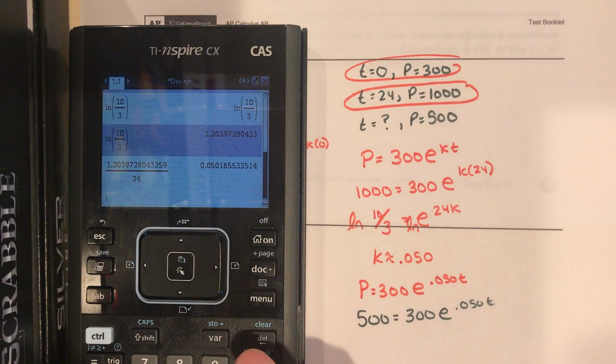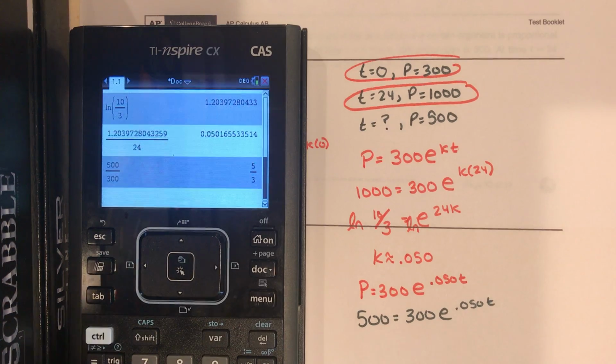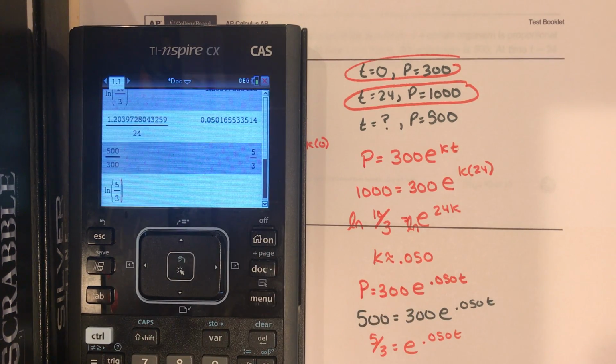So I'm going to divide 500 by 300, 5/3. And then I'm going to undo the e by taking the ln of both sides. So now I need the ln of 5/3.